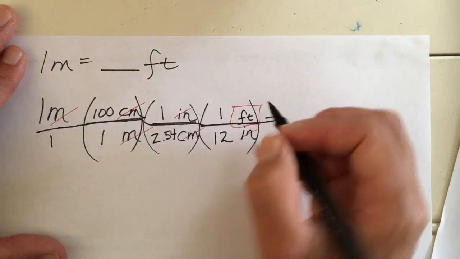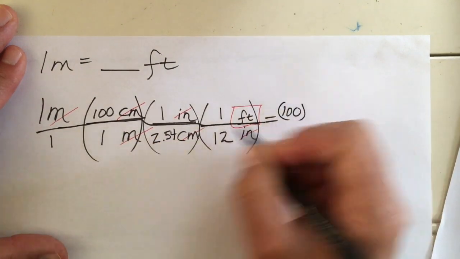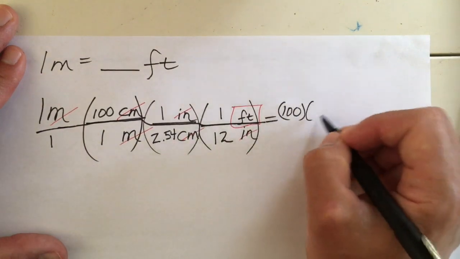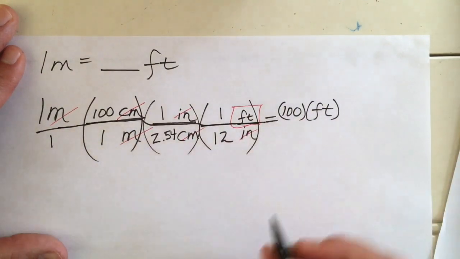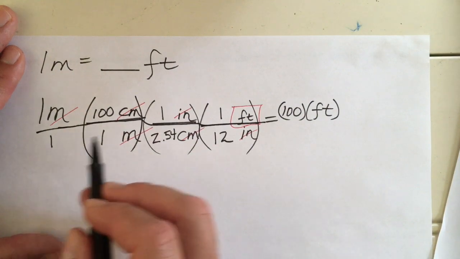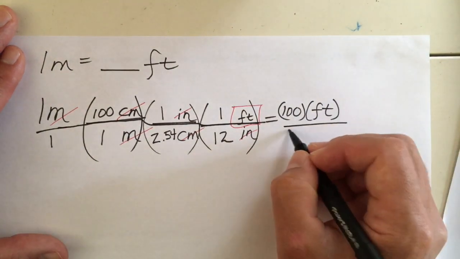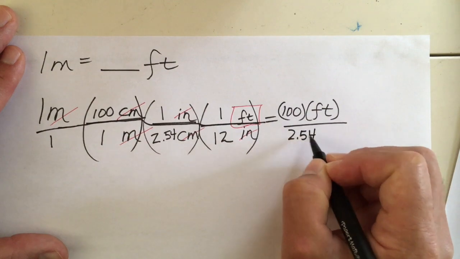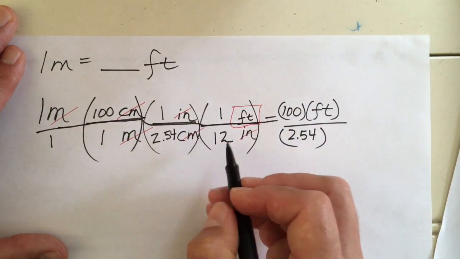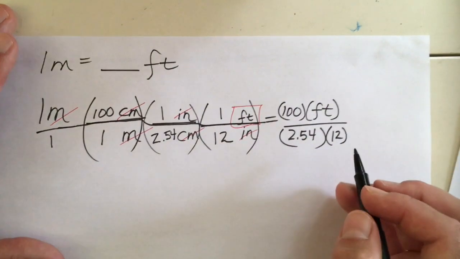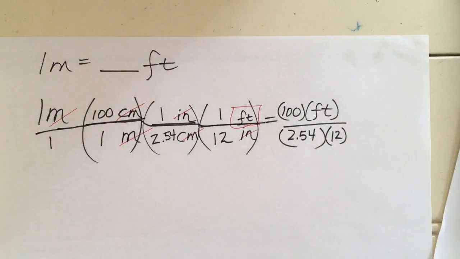On top: 1 times 1 times 100 times 1 times 1 times 1 times 1 times feet. On the bottom: 1 times 1 times 1 times 2.54 times 1 times 12 times 1.